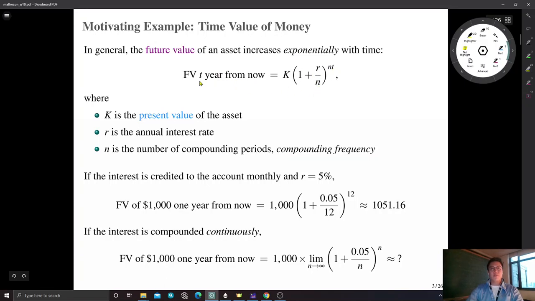So the future value of k t years from now, when interest is compounded n times per year, is going to be k times 1 plus the annual interest rate divided by n, and raise the number in the parentheses to the power of nt.